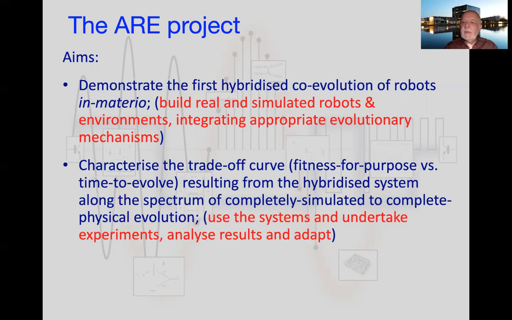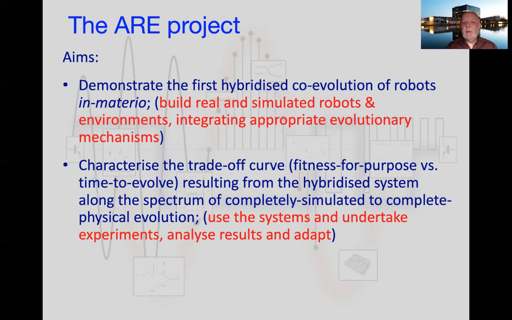One of the other things that's important when we're doing this hybridized system is to characterize the trade-off curve. So what I mean by that is we've got two ends of a spectrum in some respects. Evolution can keep going almost forever to make something fit for purpose, but it takes a long time.